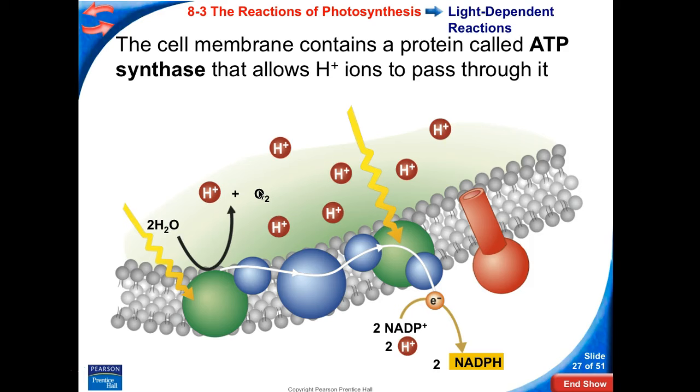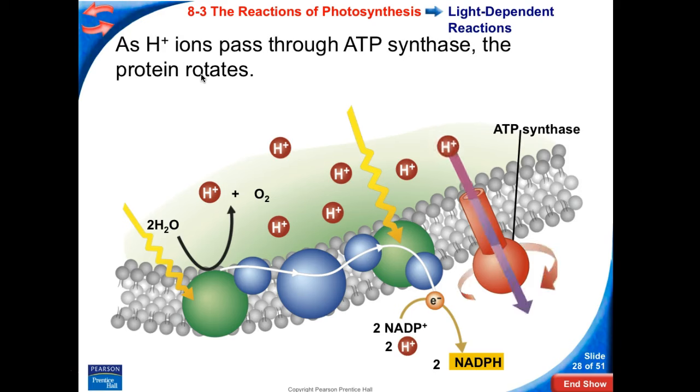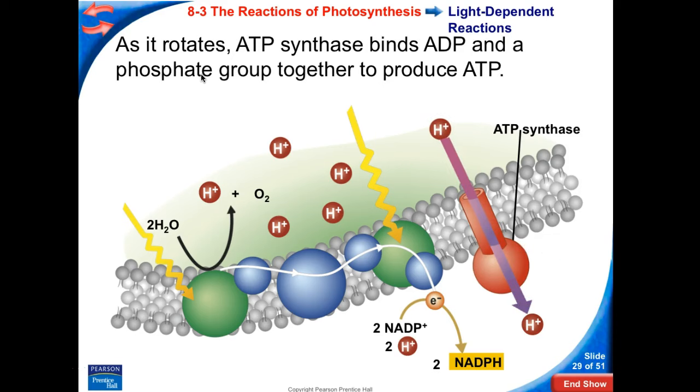ATP synthase is an enzyme. Look at the ASE ending to its name. That allows hydrogen ions to pass through the thylakoid membrane. As hydrogen ions pass through ATP synthase, the protein rotates. As it rotates, ATP synthase binds ADP and a phosphate group together to produce ATP.